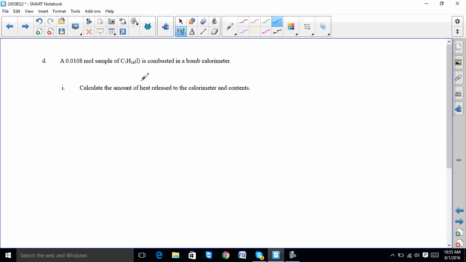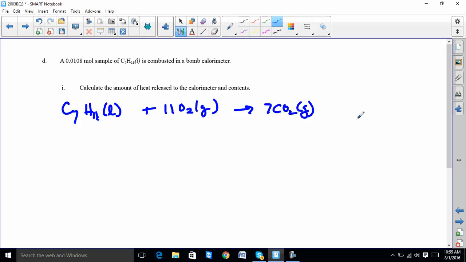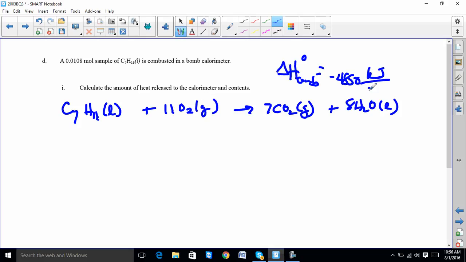And then calculate the amount of heat release. This is a stoich problem, so very quickly I have to write this down again, otherwise it's really confusing. C7H16 liquid, that's heptane, plus 11 O2 gas goes to 7 CO2 gas plus 8 H2O liquid. And then they told you in the problem that the heat of the combustion reaction is negative 4,850 kilojoules per mole RXN.